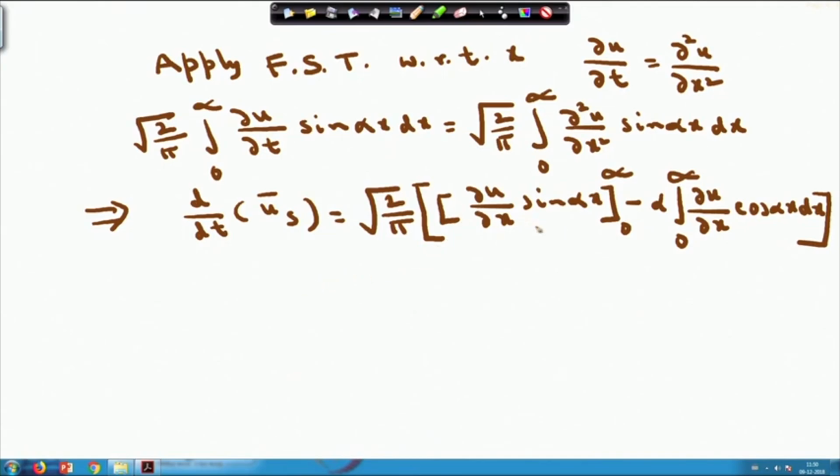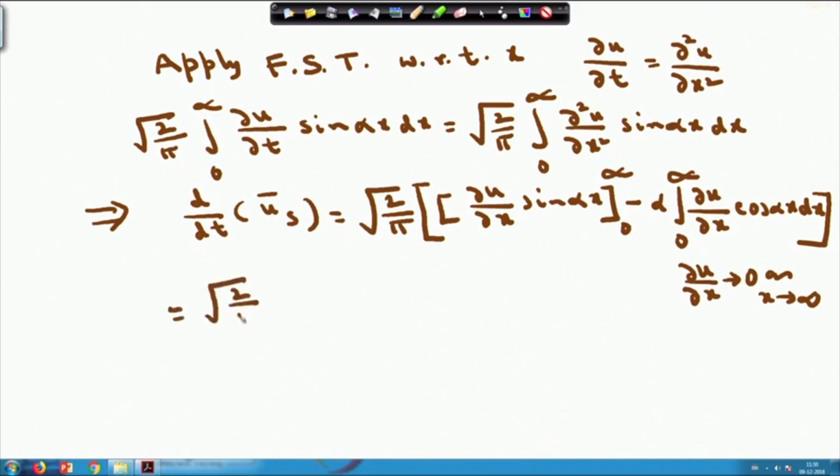If you note, at the lower limit ∂u/∂x sin(αx) vanishes, and from the given condition ∂u/∂x approaches 0 as x approaches infinity, so when putting the limiting value for infinity, this term will also vanish. So overall this term vanishes for both 0 and infinity. The first term vanishes over here.